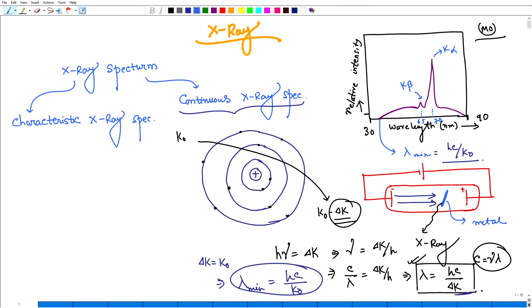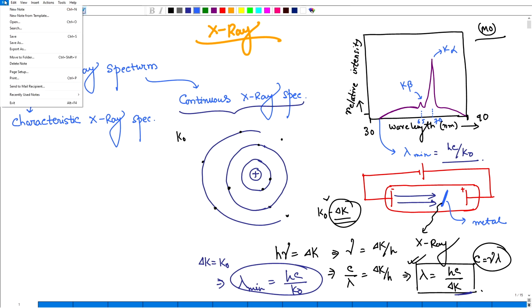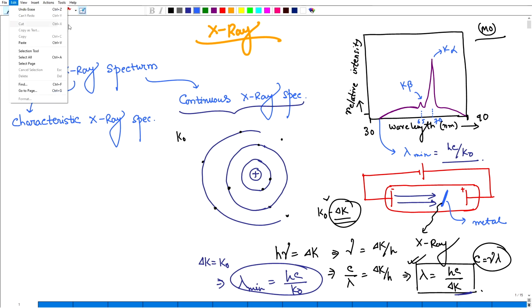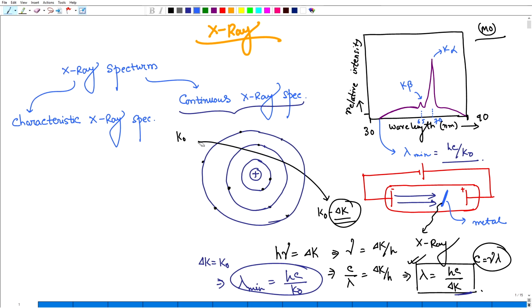Now what is the reason behind this? So again, if you look at the atomic structure, so this is our atom. Now when the electron is colliding with any atom, as I mentioned, there are also several electrons in the atom, and those electrons are circulating around the nucleus.